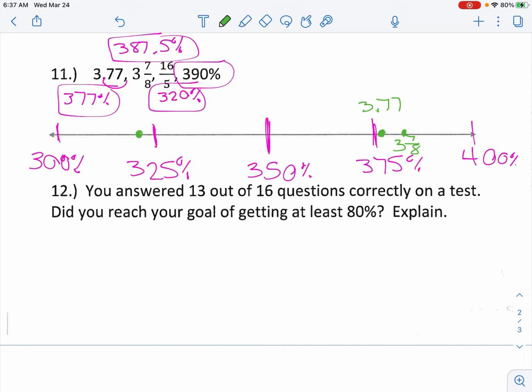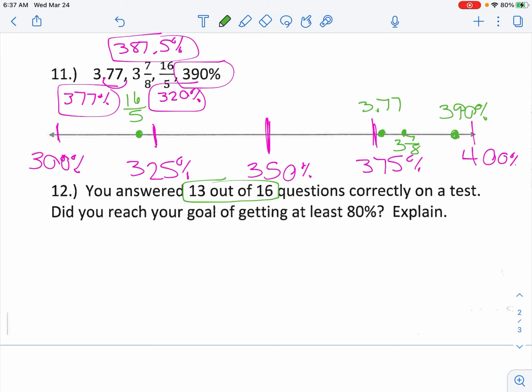So I'm going to put that dot right here, and that's going to have to be labeled as 16/5. 390% is going to go way down by 400%. And that was given to me as 390%.